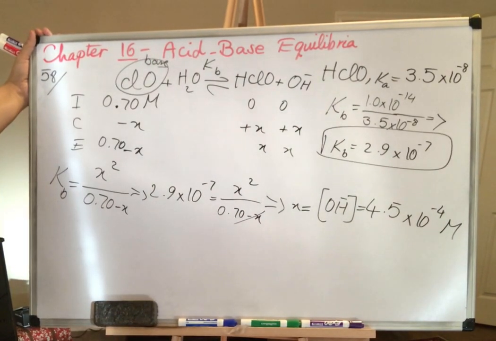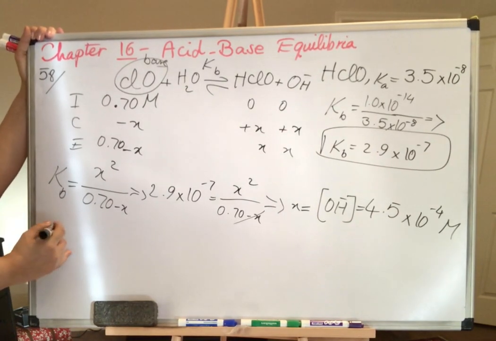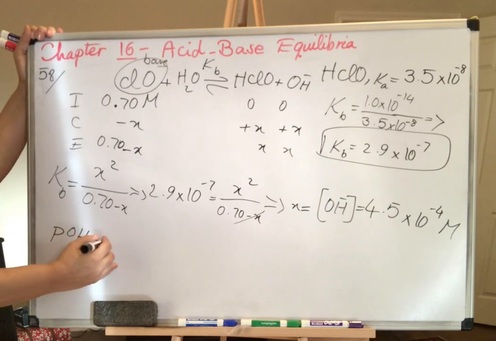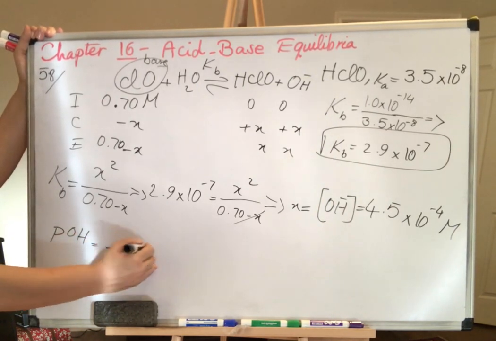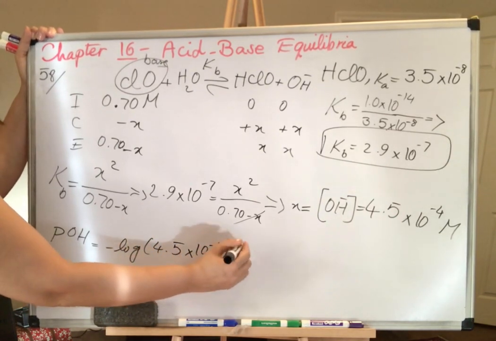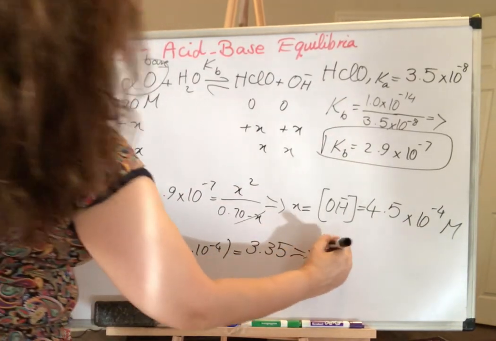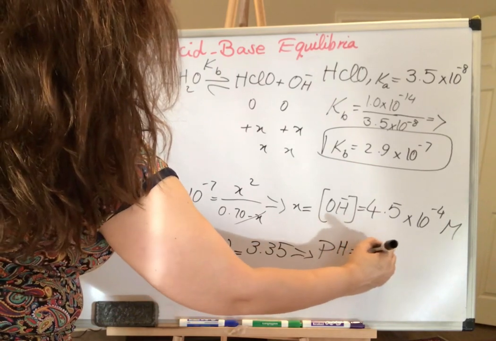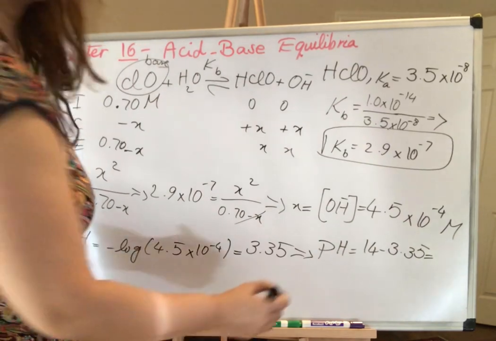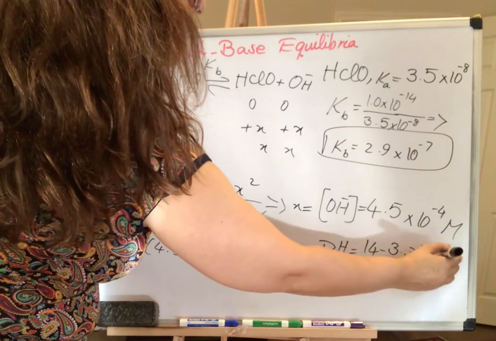Then you're supposed to find the pH, so go ahead and find the pOH, minus log of 4.5 times 10 to negative 4, which is 3.35. Then pH is 14 minus 3.35, which is 10.65.